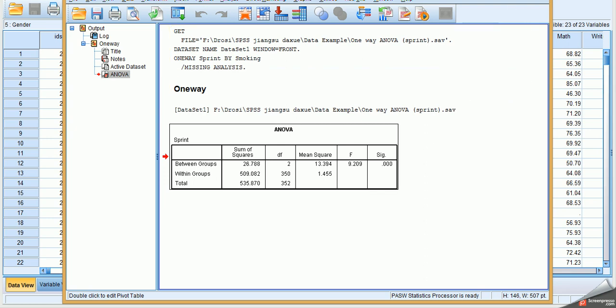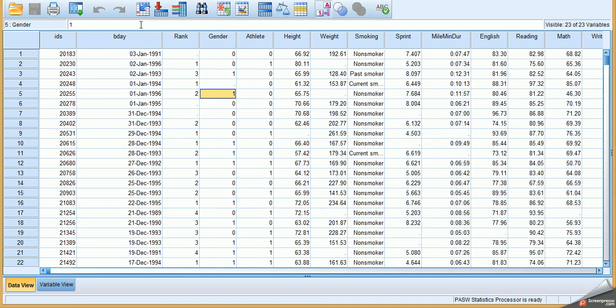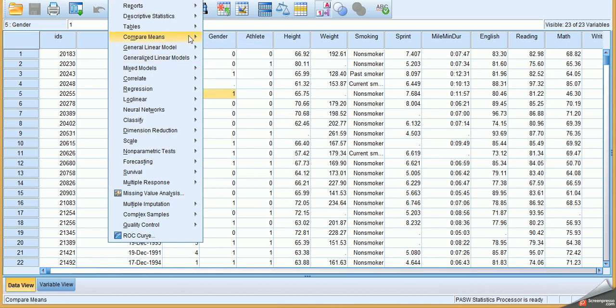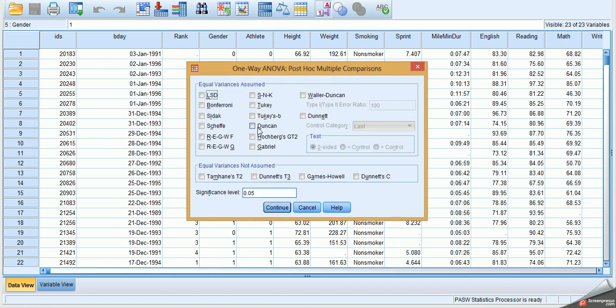Let's go and check some more options. If we go back to analyze, compare means, one-way ANOVA, then we check the post hoc. Here we have 2 options: equal variances assumed, and equal variances not assumed.